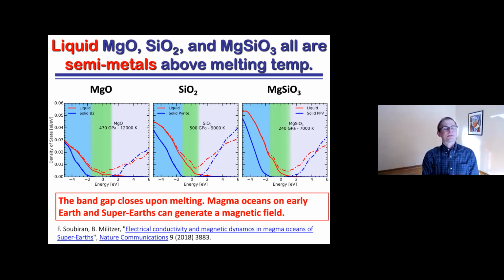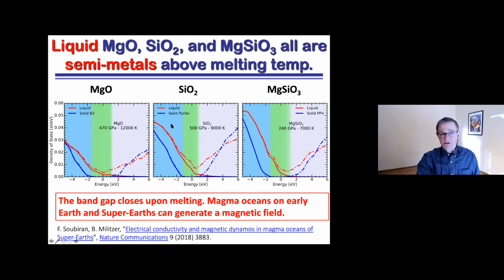And then where there were no states before, the deformation of the electronic structure fills in this gap. All of a sudden, there are states in what was formerly a gap. Now it's much easier to excite electrons because there are states. You don't have to jump over this gap. And that makes the material electrically conducting.